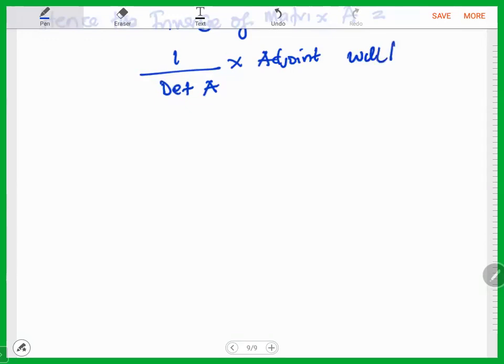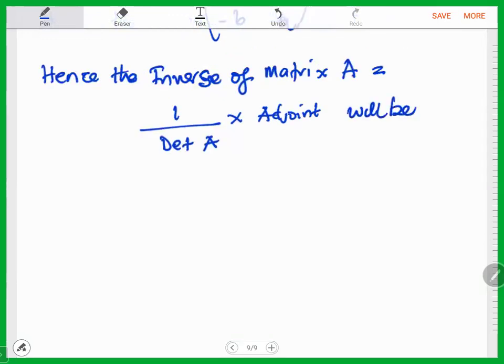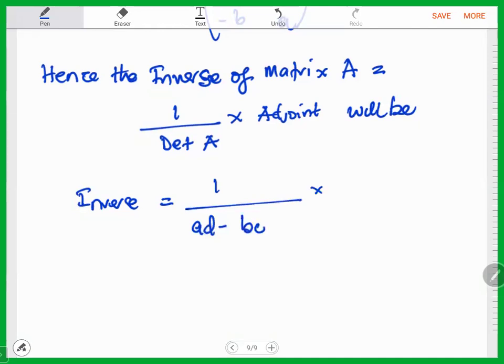We shall have our inverse as equal to 1 over AD minus BC, times the matrix D, negative B, negative C, and A. That is the inverse of a matrix.